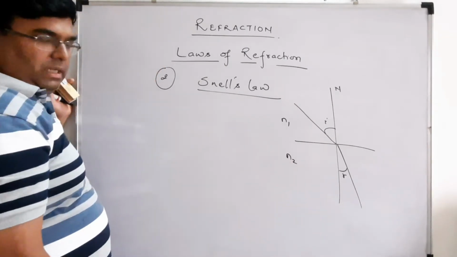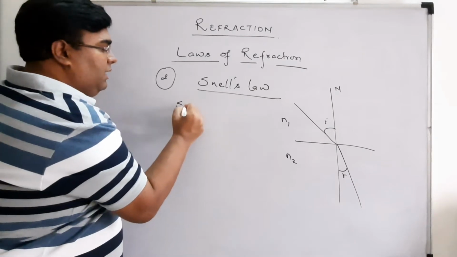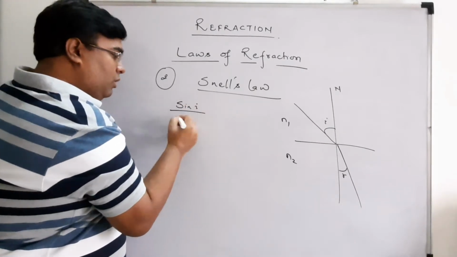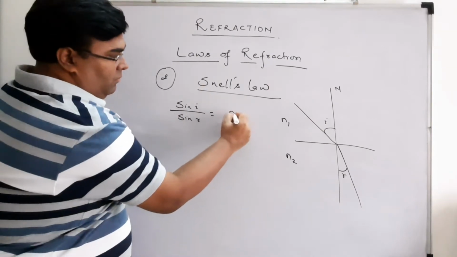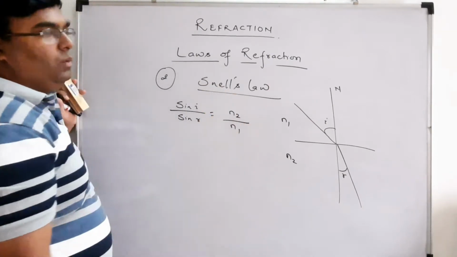Snell's law says that sin I upon sin R is equal to N2 by N1.